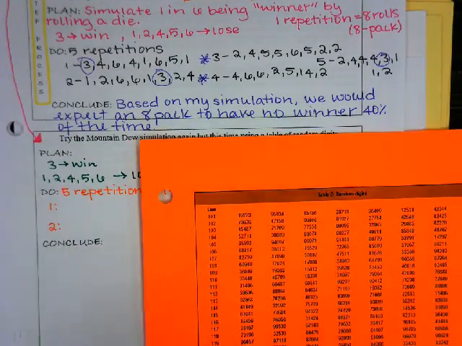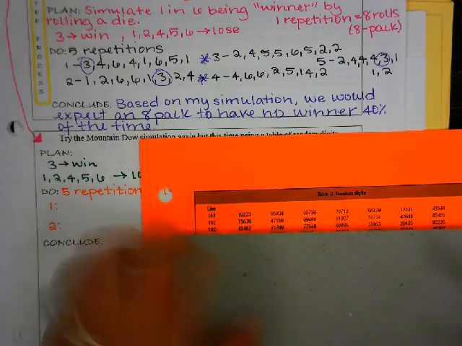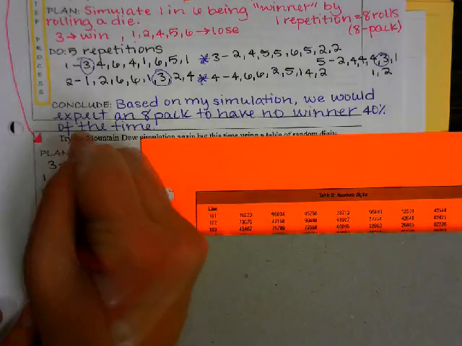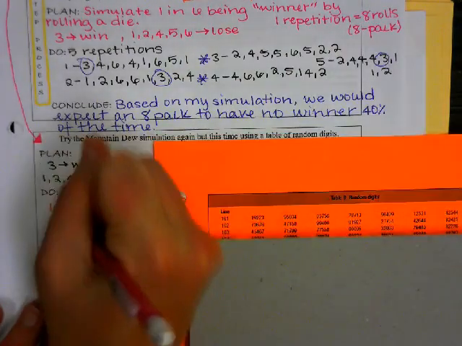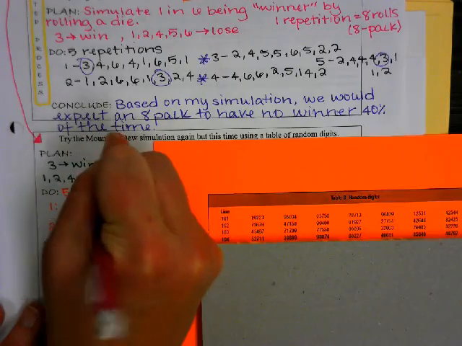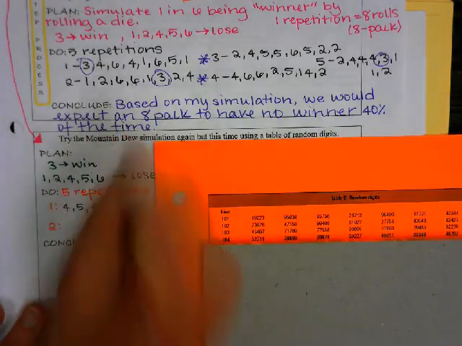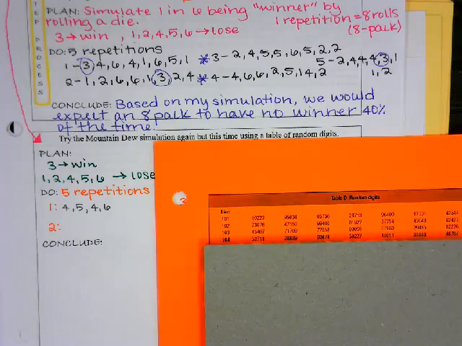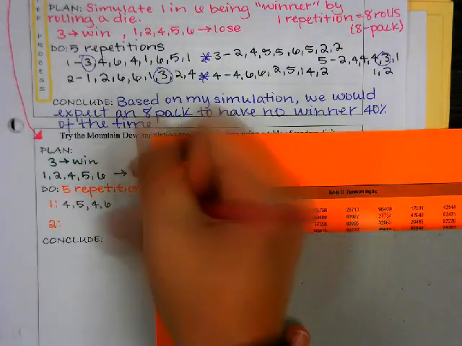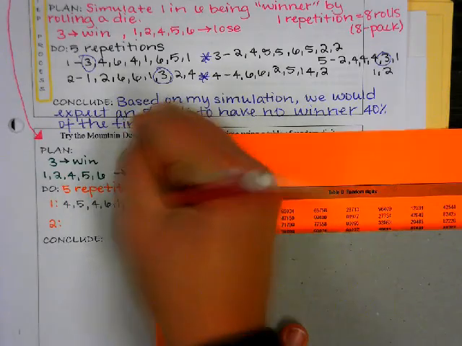So 103, we have 4, 5, 4, 6. Then we get a 7, which we're going to ignore. Then we have 7, 1, 7, 0, 9.